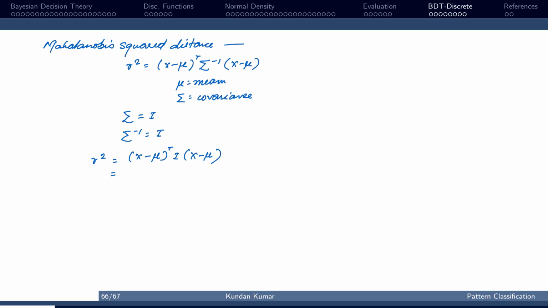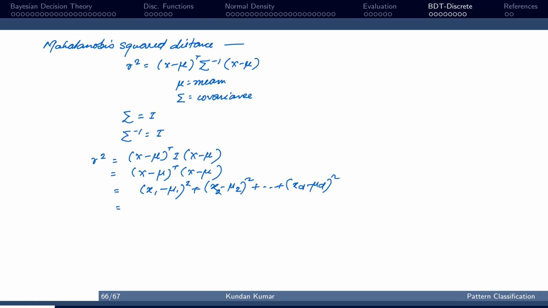Here the identity matrix we can remove, because after multiplication we will get this expression, which is equivalent to (x1 minus mu1) square plus (x2 minus mu2) square plus up to (xd minus mud) square.